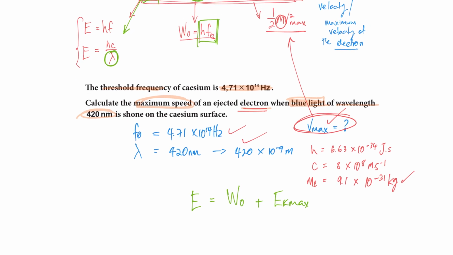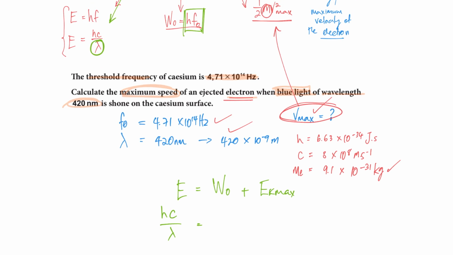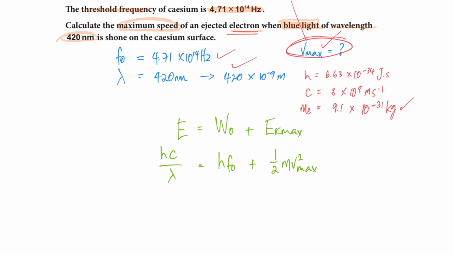Now for E, I'm going to use what I have, which is hc over lambda, is equal to, work function I don't have, but I do have h and I do have the threshold frequency, so hf0 plus EK max, which is half mv squared max. So that is the formula that I'm working with for this equation.